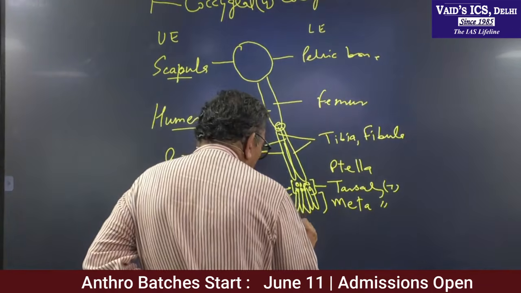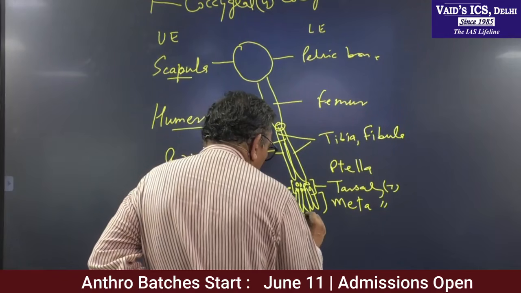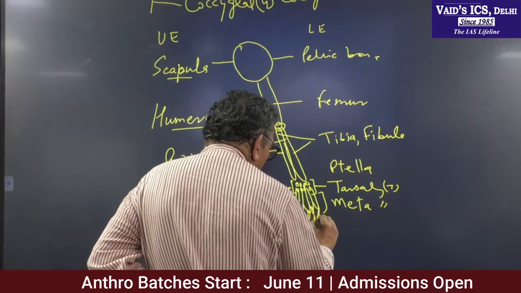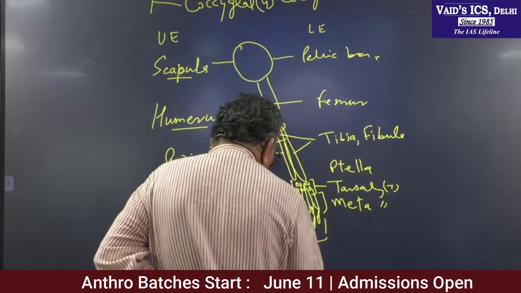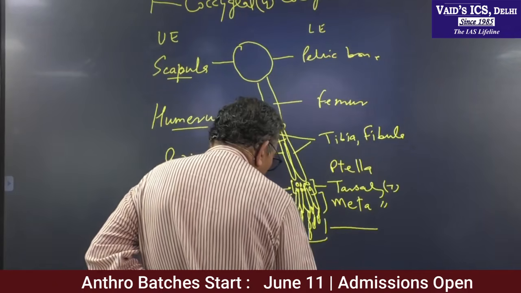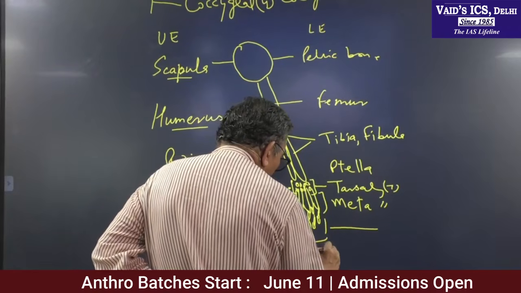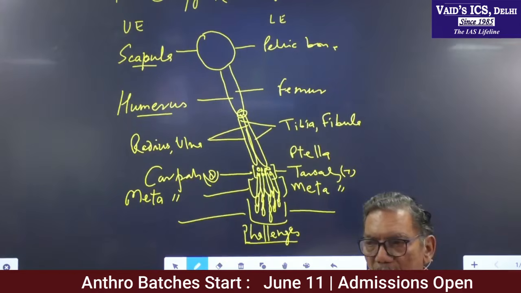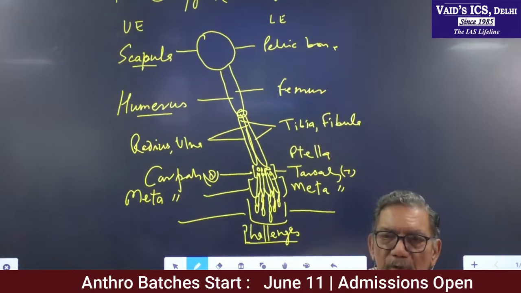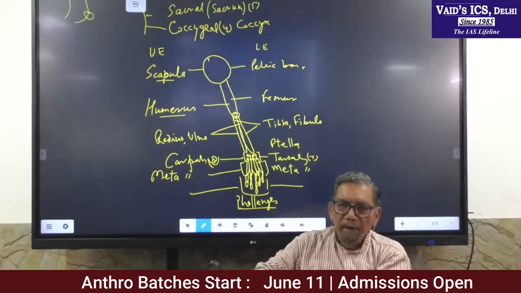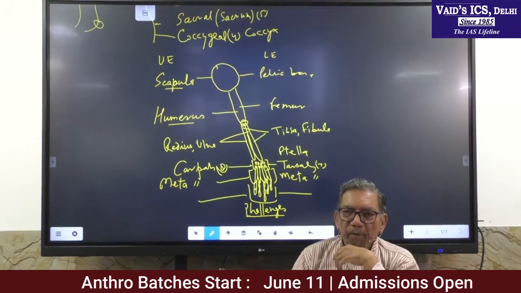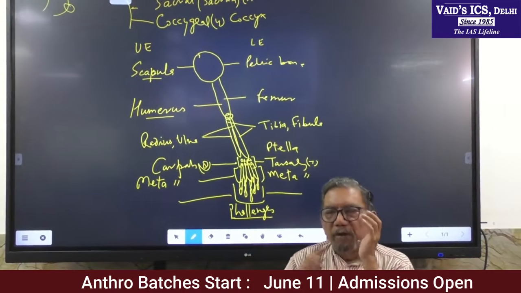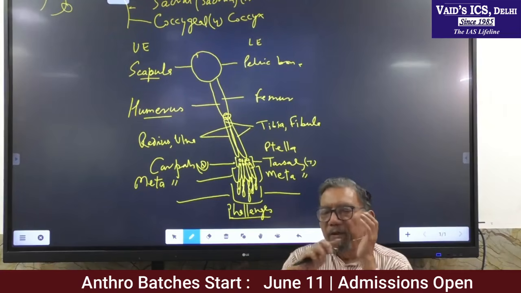In thumb you have two, then first finger, long finger, ring finger and small finger. They are called, both ways they are called phalanges. Fine. Scapula, pelvic bone, humerus, femur, radius ulna, tibia fibula, carpals, tarsals, metacarpals, metatarsals, phalanges.